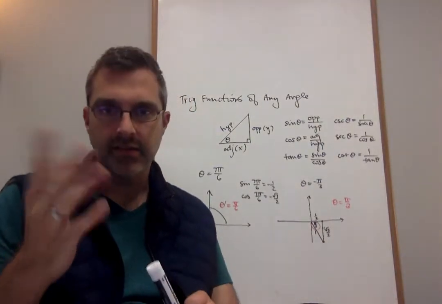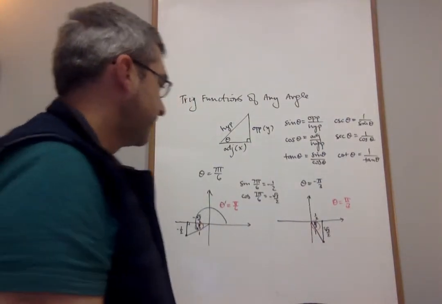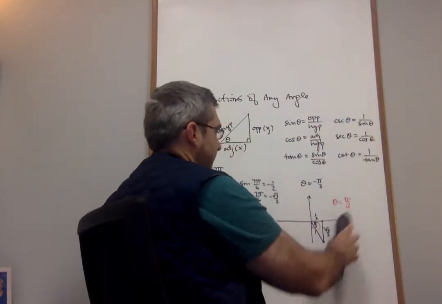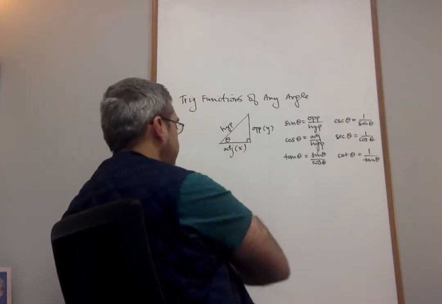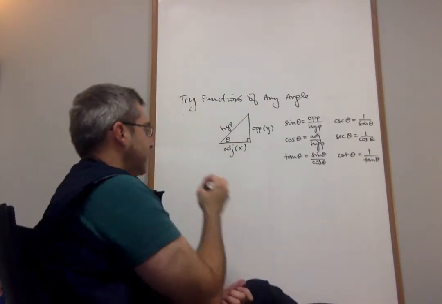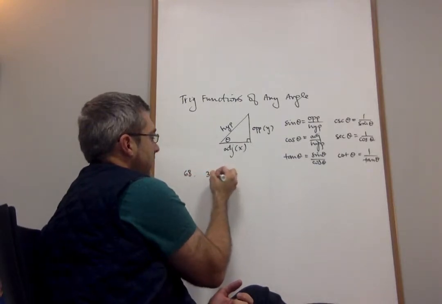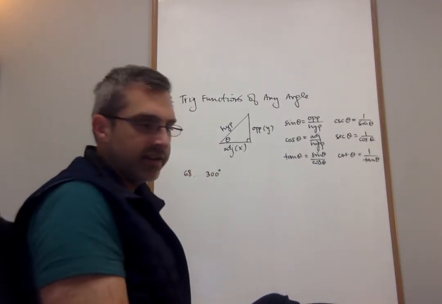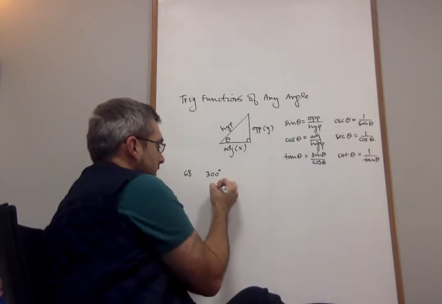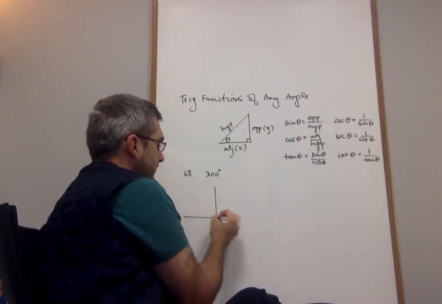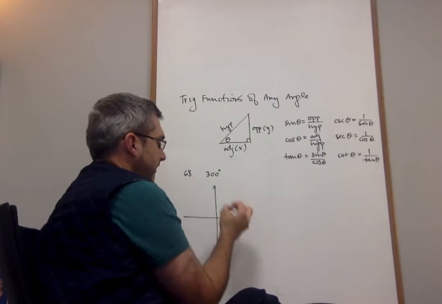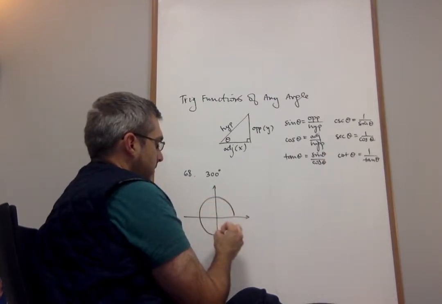So for instance, if I did 68, sorry, I'm not doing 67, but if I did 68, so 68 gives me 300 degrees, and I'm supposed to find the sine, cosine, and tangent. 300 degrees is almost 360.